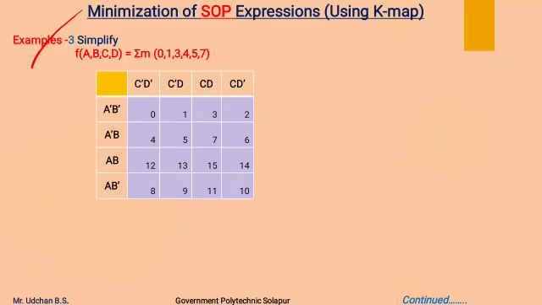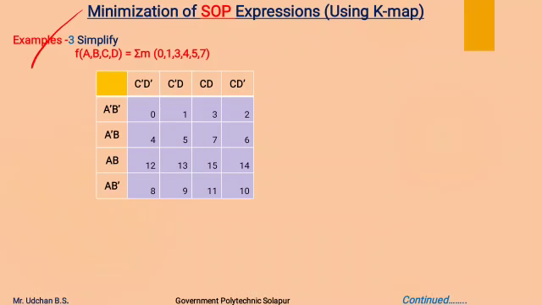But as the question contains a function of 4 variables, that is ABCD, we have to use a 4 variable K-map, even though we can solve this using a 3 variable K-map also, but as the question itself contains 4 variables, we are going to use a 4 variable K-map to solve this one.